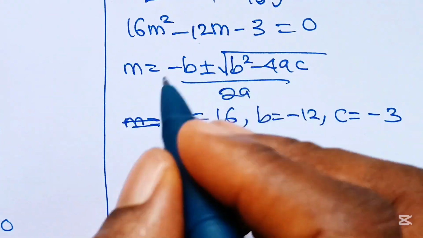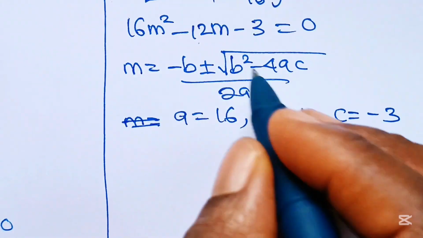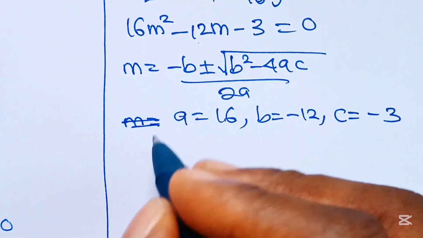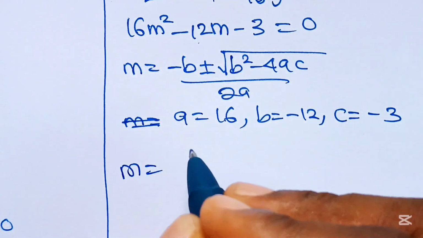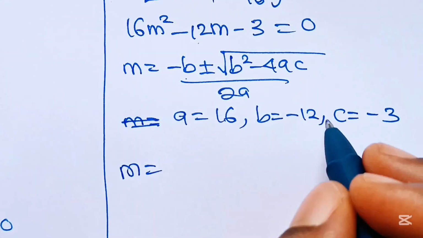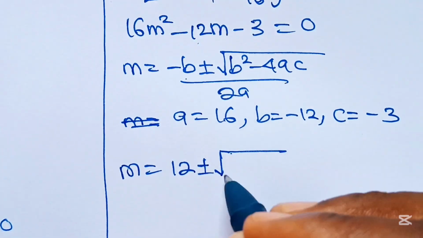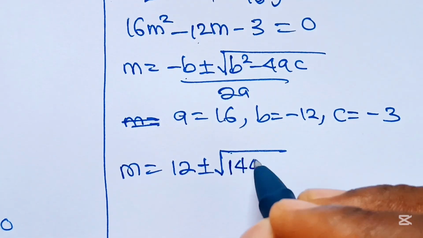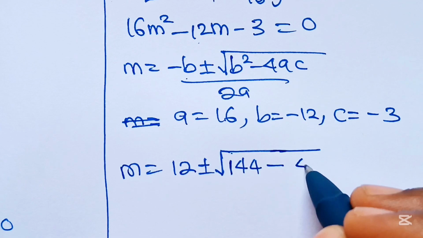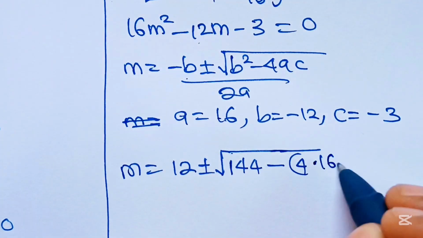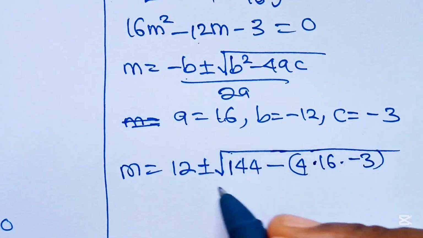So we substitute into this quadratic equation formula to get that m is equal to minus minus 12, which will give us plus 12, plus or minus square root of minus 12 squared, which is 144, minus 4ac, 4 multiplied by 16 multiplied by minus 3, right?